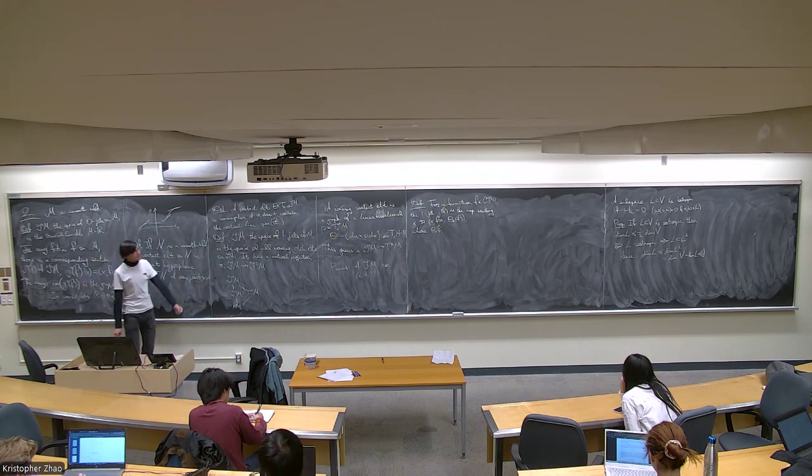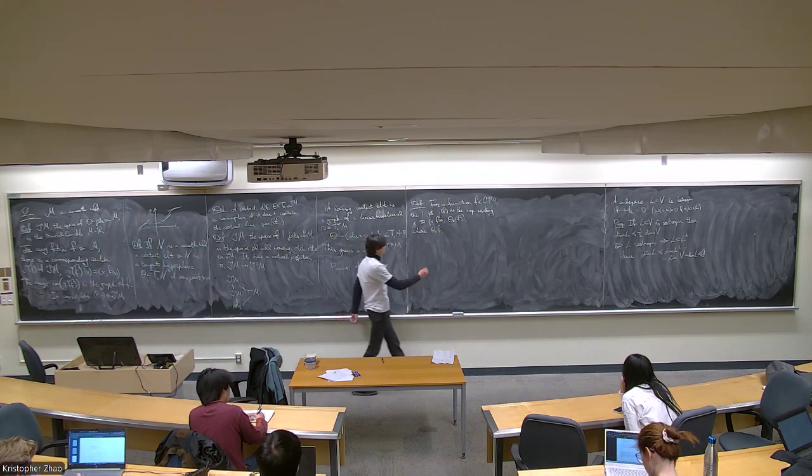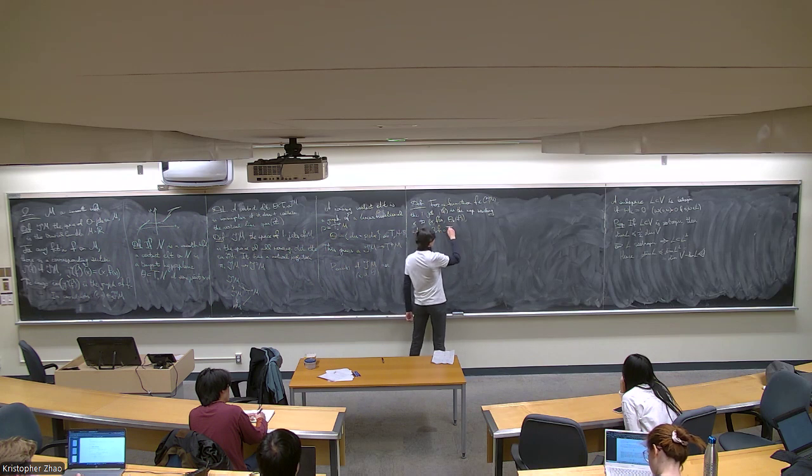So I can write it as the tangent space to the graph at the point X, F of X.